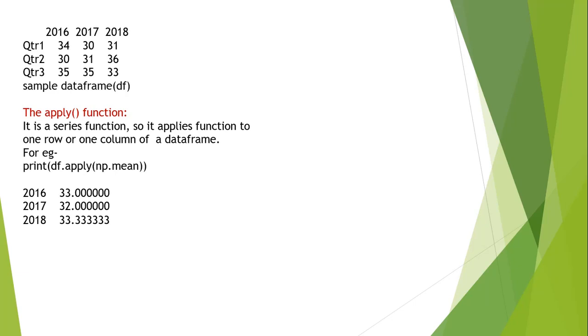Similarly, for 2018, the elements are 31, 36, and 33, and addition is performed on these three elements. Then it is divided by 3 to get an average of 33.33333.